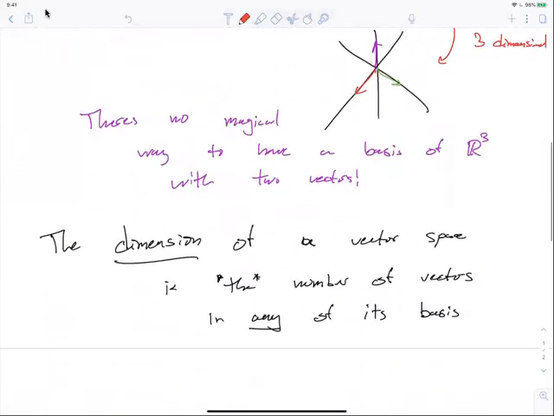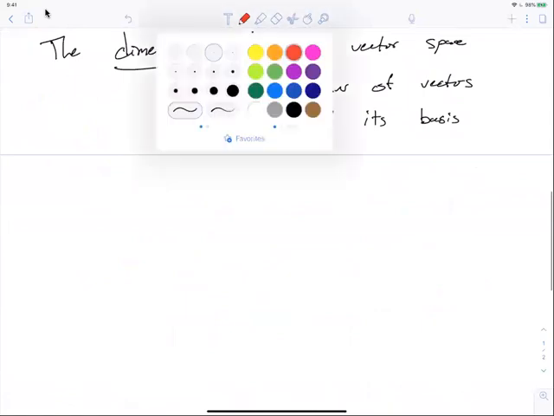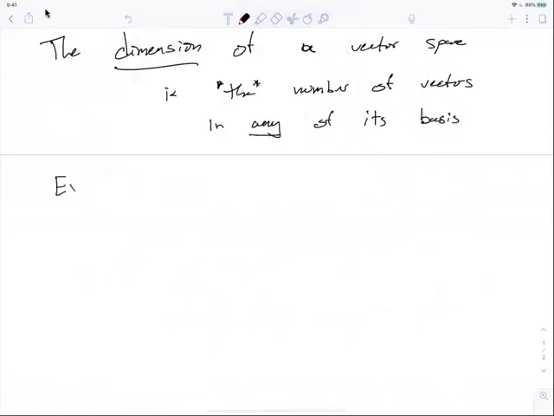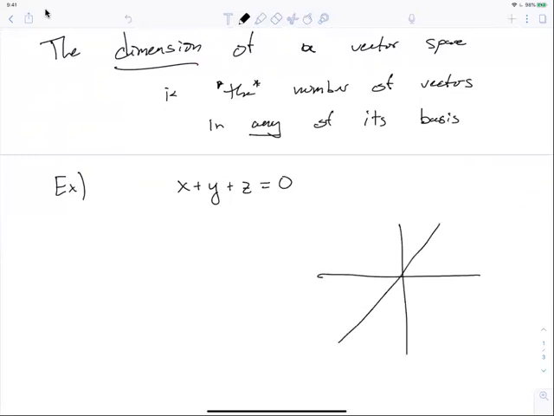As another example, we might take the plane described by x plus y plus z equals 0. If we just look at this geometrically, let me just take a moment to draw this.